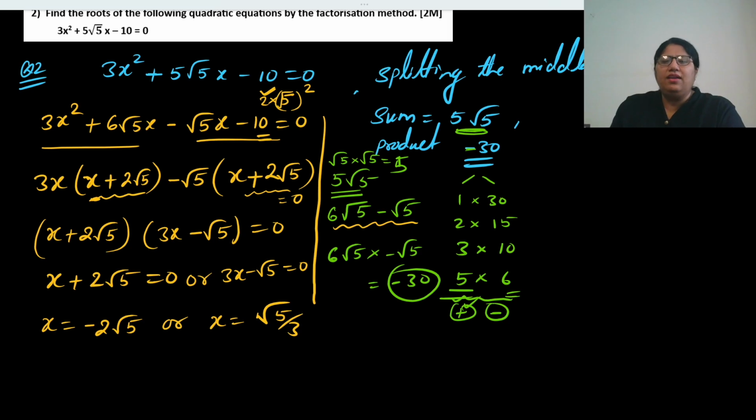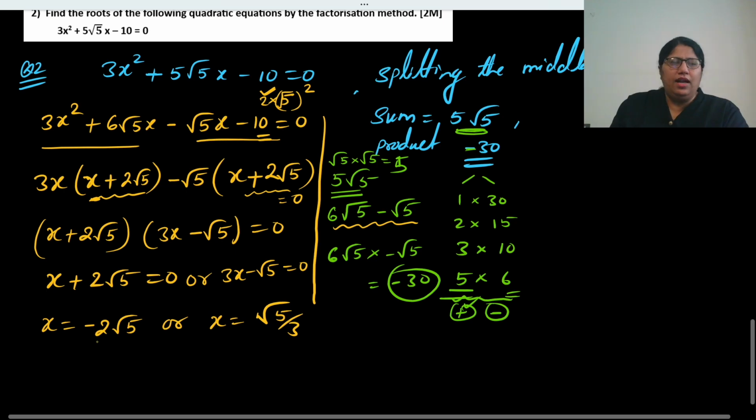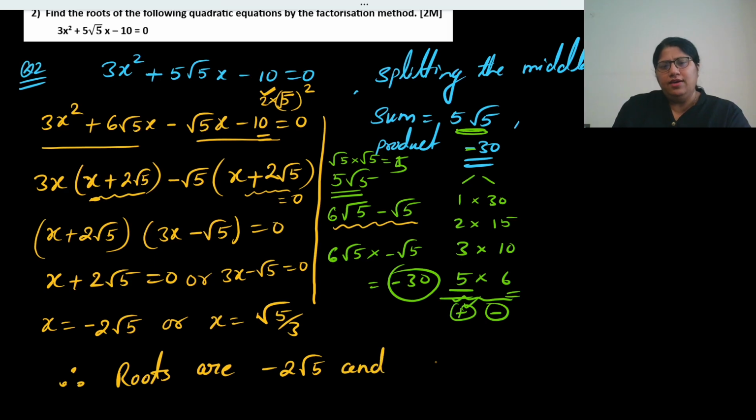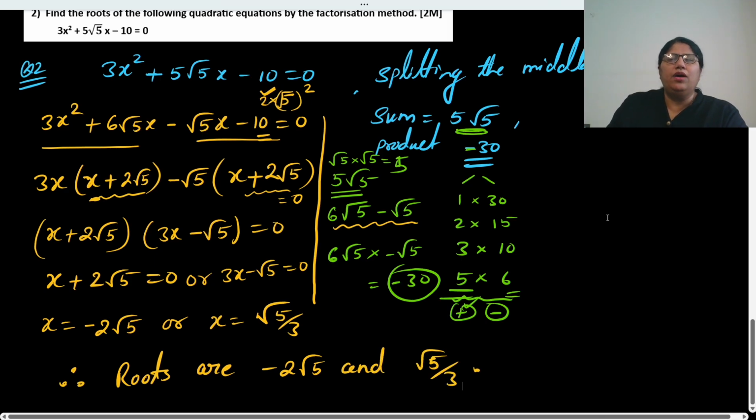You need to see that if any denominator is an irrational number, you have to do the rationalization also. So to conclude your answer, there will be 2 roots: minus 2 root 5 and root 5 by 3. These kinds of factorization questions will always be 2 marker.